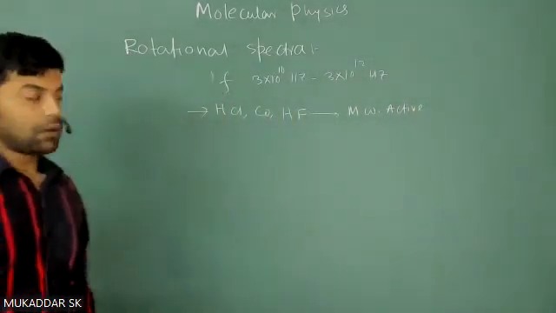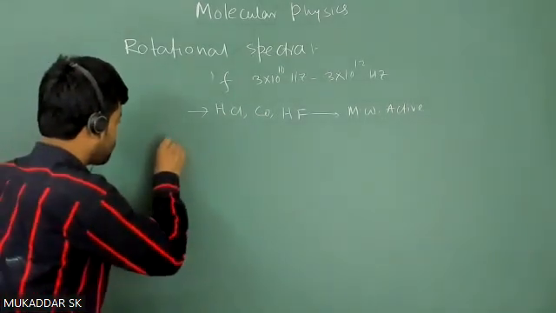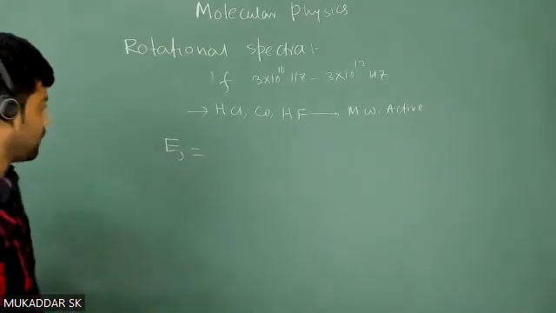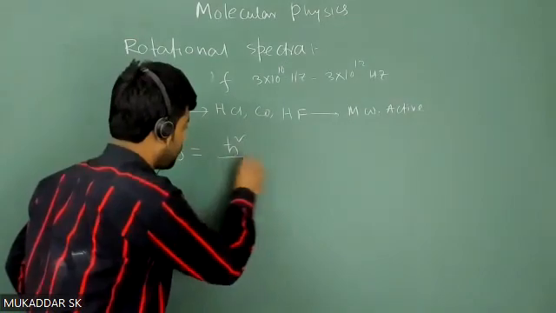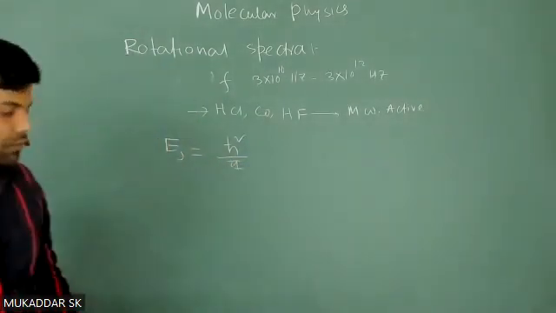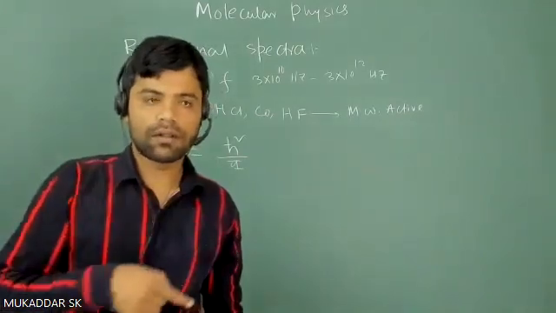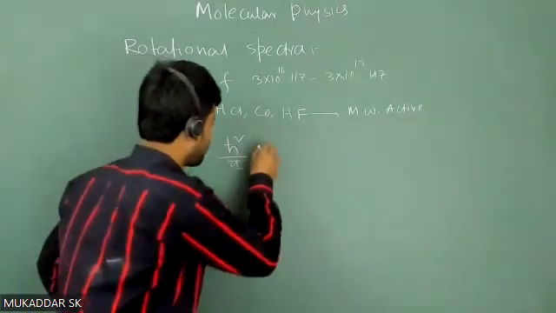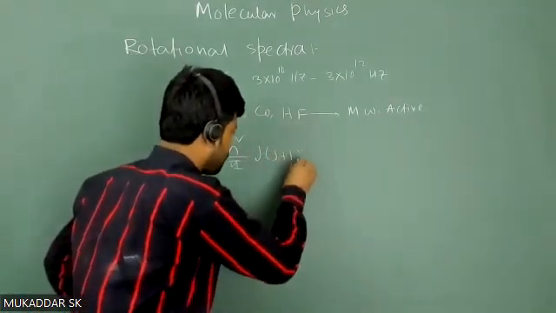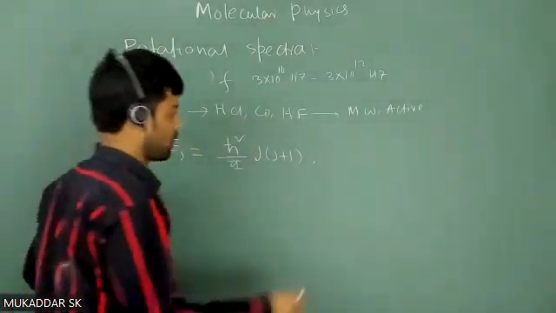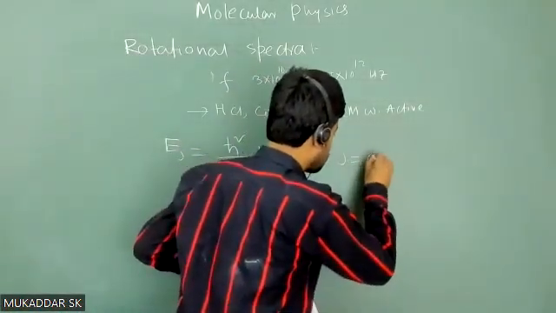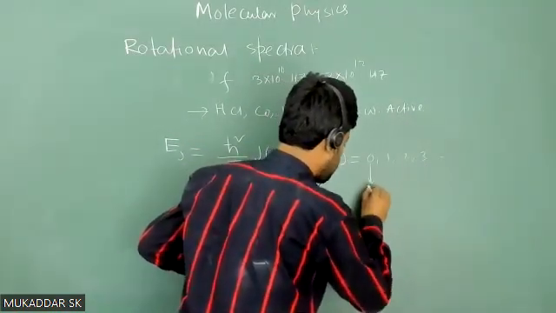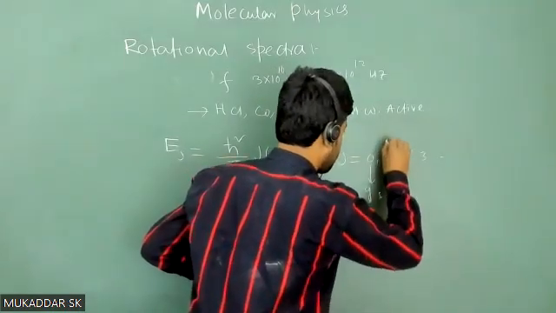Right? Now, if you see the energy of a rotating molecule, that is h cross square by twice I, due to the rotation of the molecule under the action of microwave. The rotational energy can be written as h cross square by twice I, J into J plus 1, where J is the rotational quantum number and J can take values 0, 1, 2, 3 and so on. 0 for ground state, then first excited state and so on.